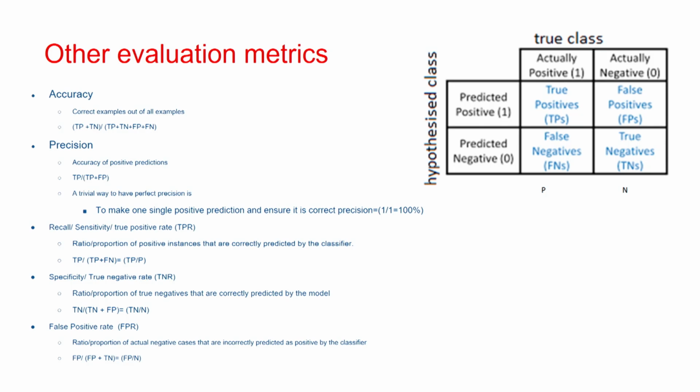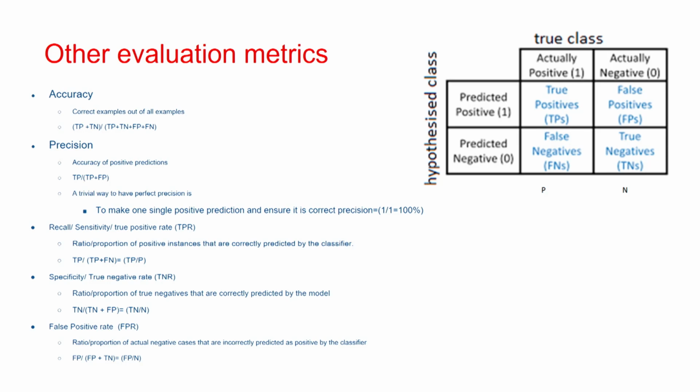False negative means these were positive instances, but they are falsely predicted as negative. So actually these were positive instances, and that is why in the denominator we have all positive instances from the data set, that is true positive plus false negative, and then we find the ratio of positive instances that are correctly predicted.